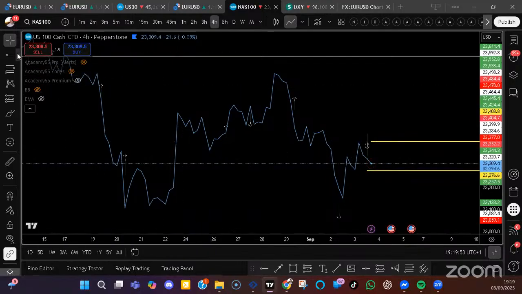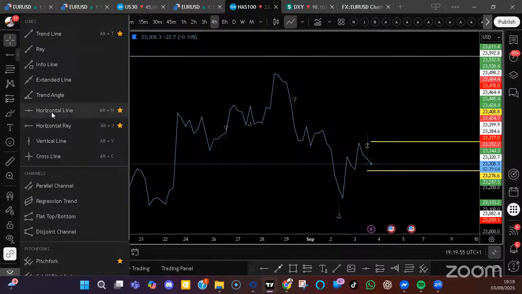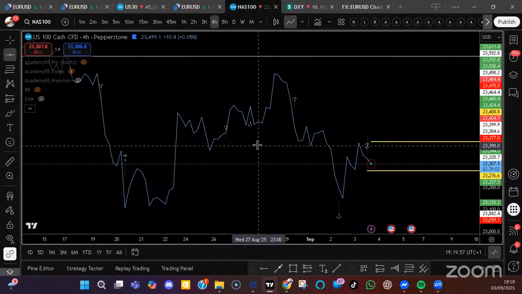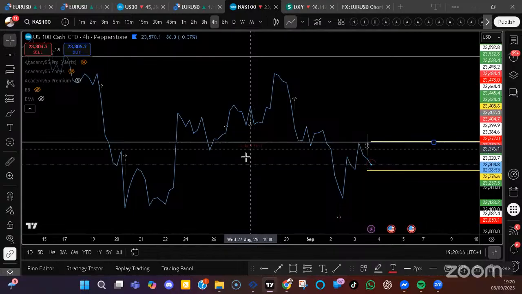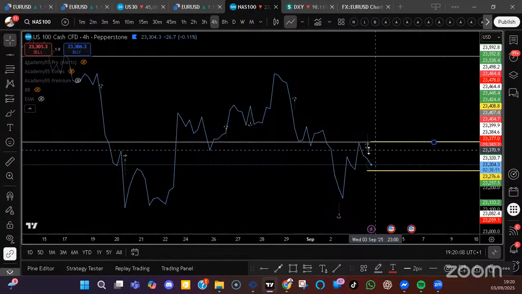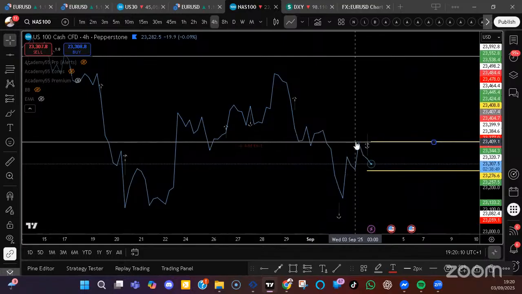So here, for example, I would say, about there, right where the sell zone is actually on 23,470 units, 407 units, 0.4.